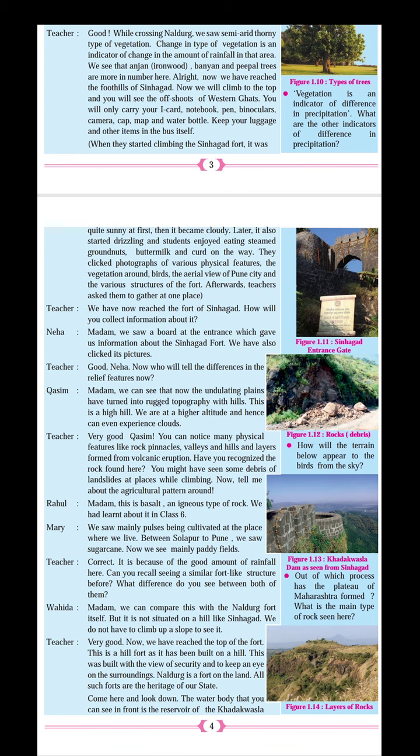As I told you, it is from a volcanic eruption. The rock pinnacles here are hard rocks, and the mountains, valleys, and hills were formed from the volcanic eruptions. Sometimes landslides also take place because these rocks become very loose and they fall down on the road.